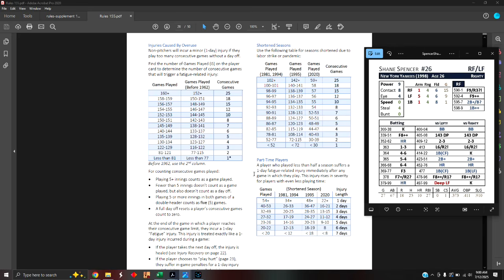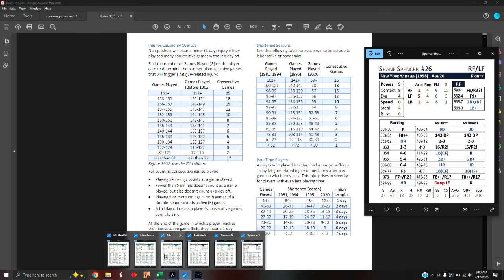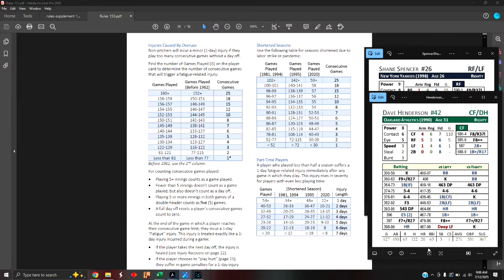So keep that in mind. That's the Shane Spencer right there. Now, let's look at Dave Henderson. Dave Henderson played 127 games. So for him, he could play 3 consecutive games. And if he got a day off, that would reset the clock.